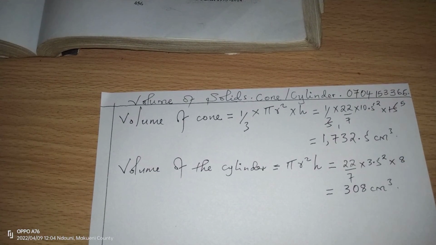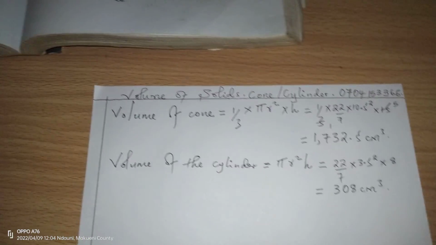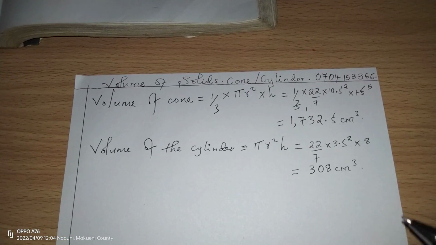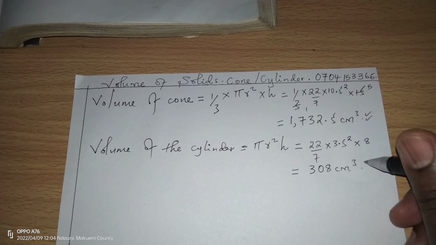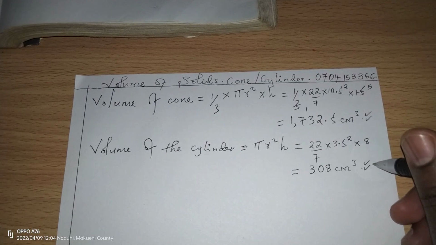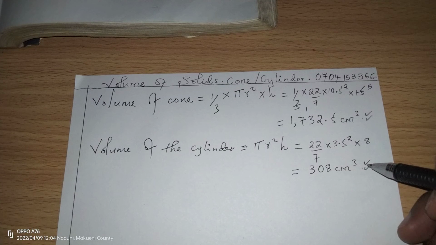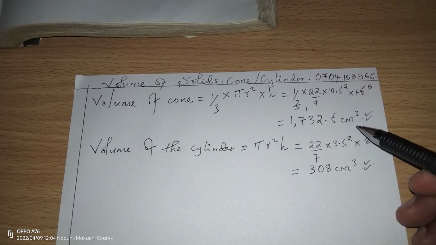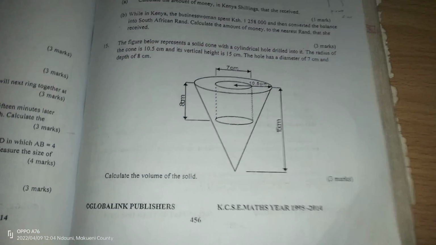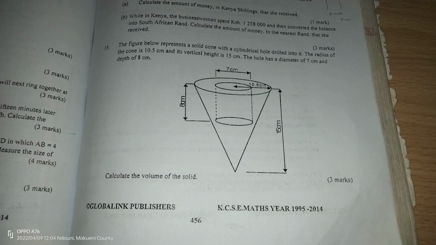Therefore, now we have already obtained the volume of the cone and the volume of the cylindrical hole. If this cylindrical hole was obtained from the cone, so that we remain with the given solid, then to get the volume of this solid, we have to subtract the two volumes.